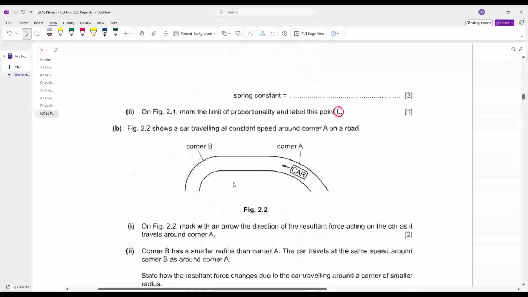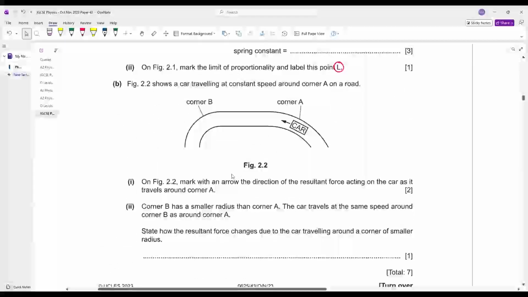Let's further move ahead. Figure 2.2 shows a car traveling at constant speed around corner A on a road. Okay. On figure 2.2, mark with an arrow the direction of the resultant force acting on the car as it travels around corner A. Beta, what will be a resultant force acting on the car?